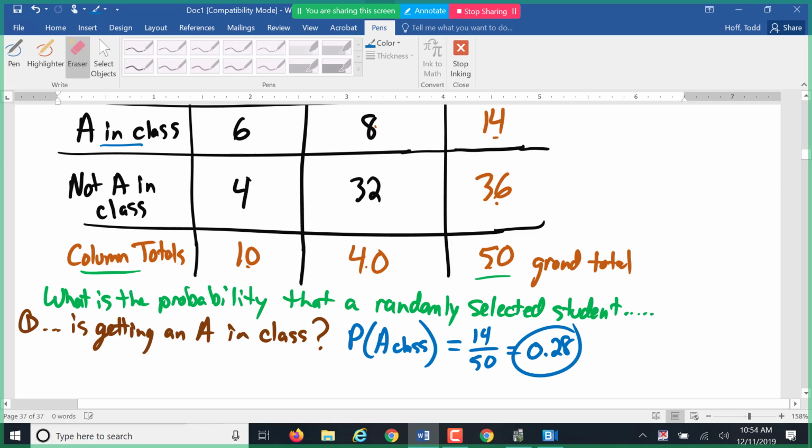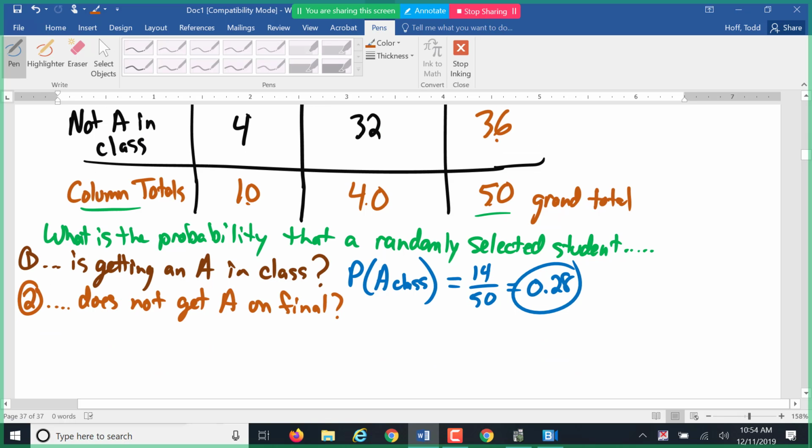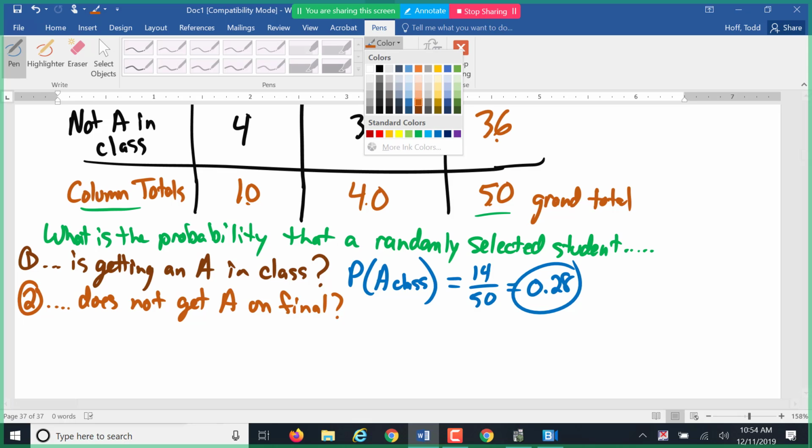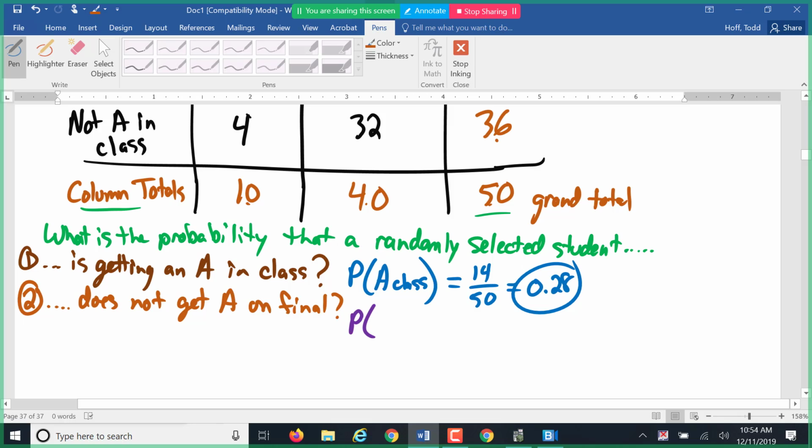I might ask, what's the probability that a randomly selected student does not get an A on the final? So this is our probability of not an A on the final.